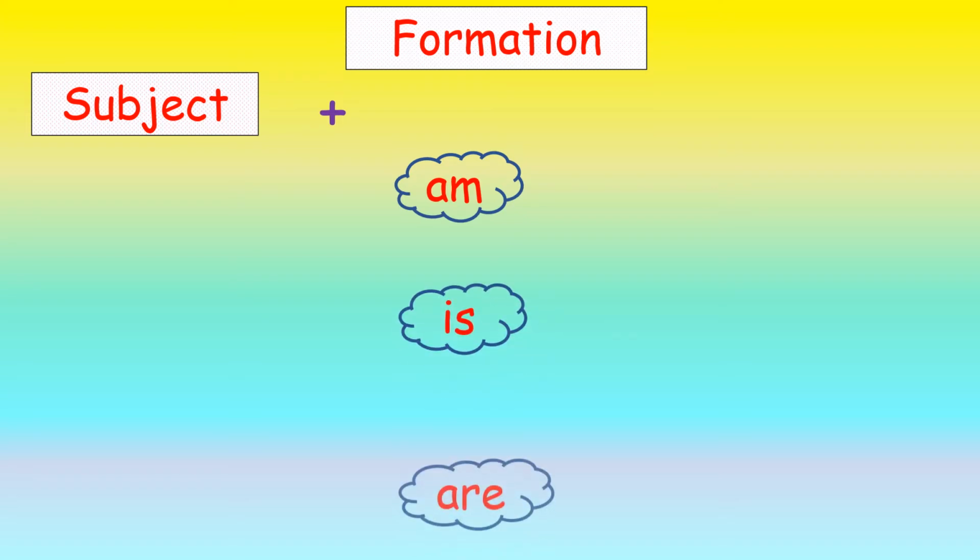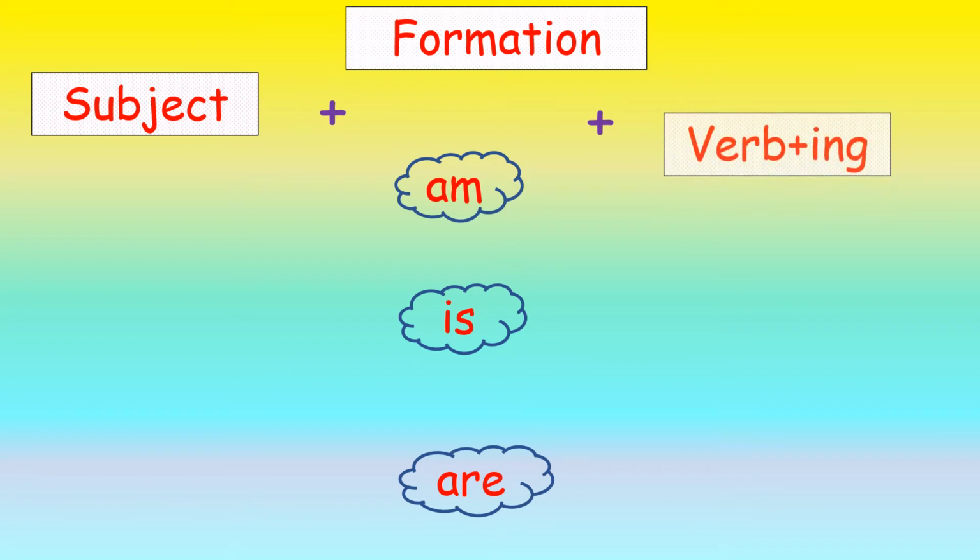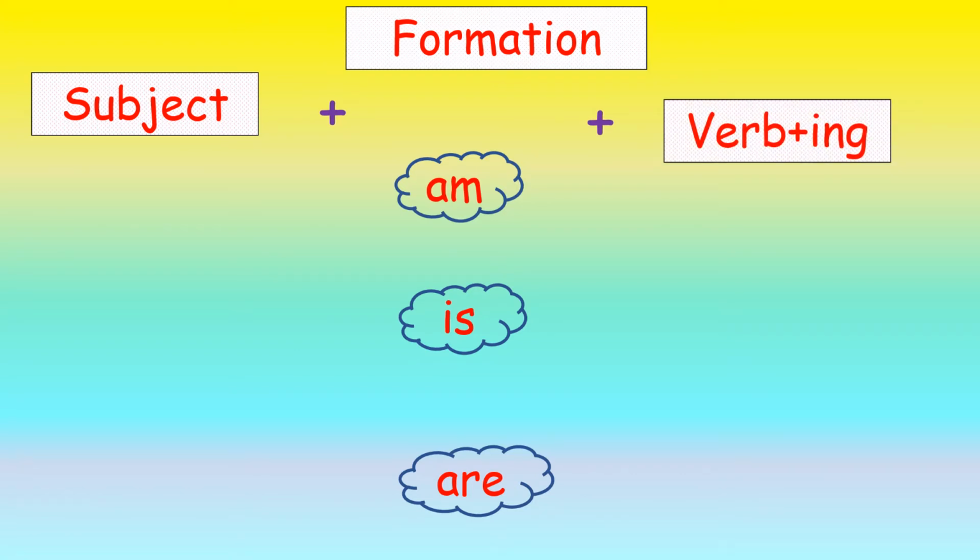Okay, now how can we form a sentence in the present continuous? What is the formation of this tense? First we start with the subject and then the verb. We need the verb to be. What's the verb to be? Am or is or are. Then we put the verb plus ing. What is the subject?